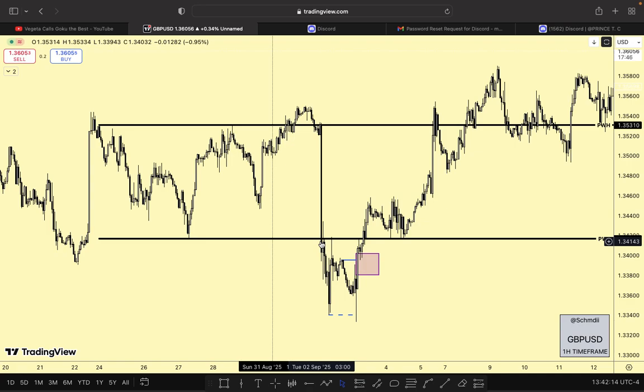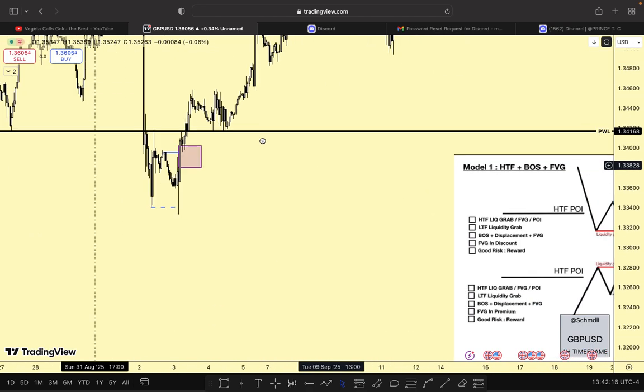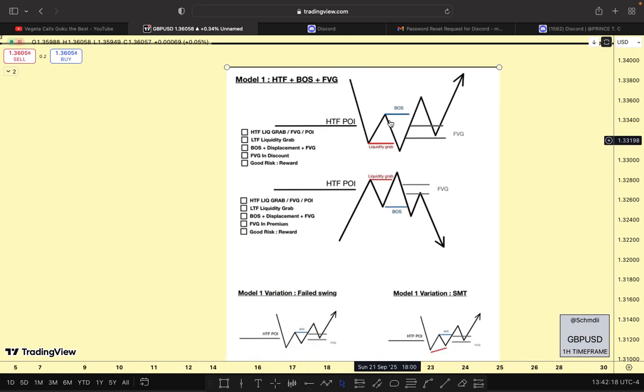So only after price hits your higher time frame point of interest, that's when you go to a lower time frame and look for this pattern to show. So that's the first thing: higher time frame point of interest, or it could be a fair value gap. You could interchange it. The logic is the same. Price needs to hit that higher time frame point of interest.